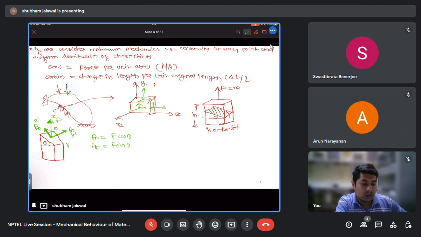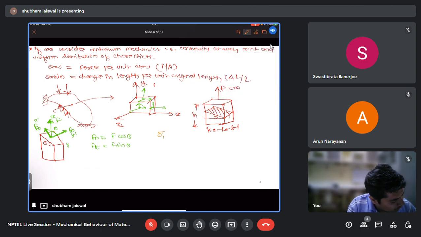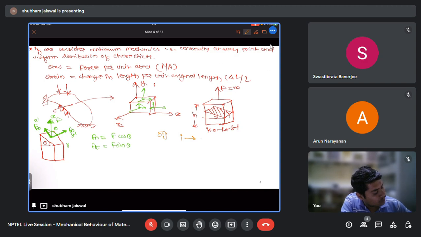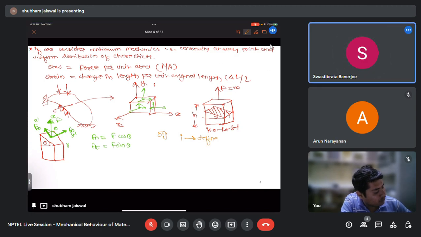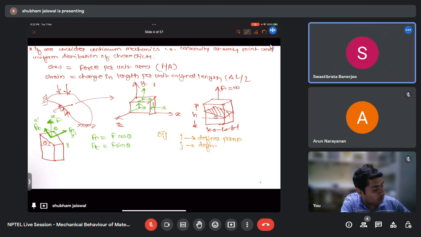Okay, so then we came across the concept of the representation of the stress. How do we represent it? We represent it using the notation sigma ij, where i defines the plane, and j defines the direction. Direction of what?